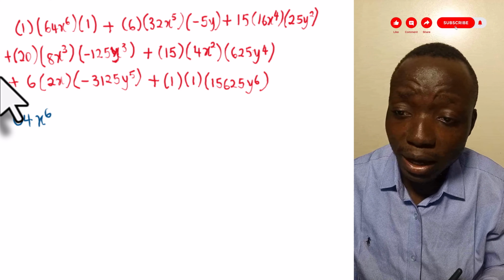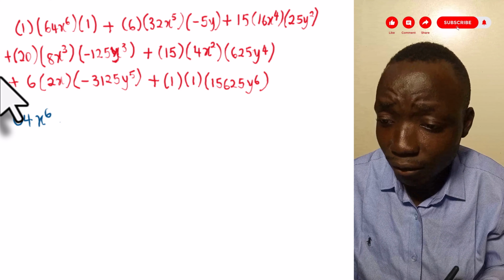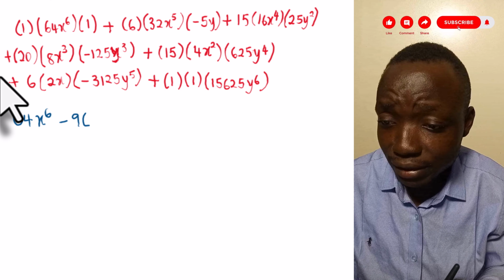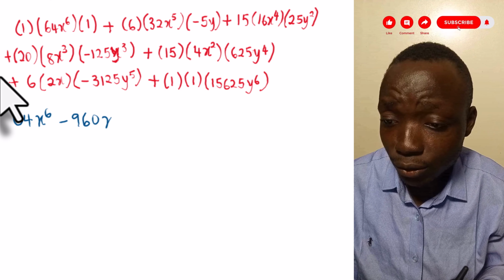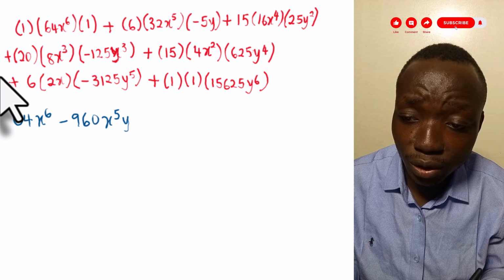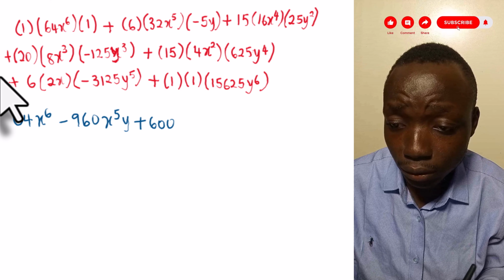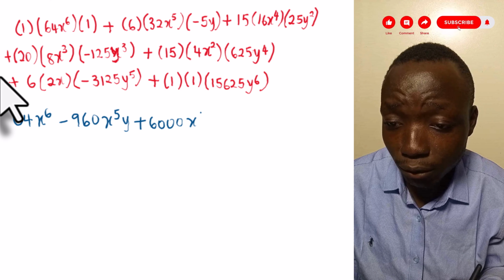Then if you multiply out 6 times 32 times minus 5, you're going to have minus 960x raised to power 5y. If you multiply out 15 times 16 times 25, you're going to have plus 6000x raised to power 4y squared.